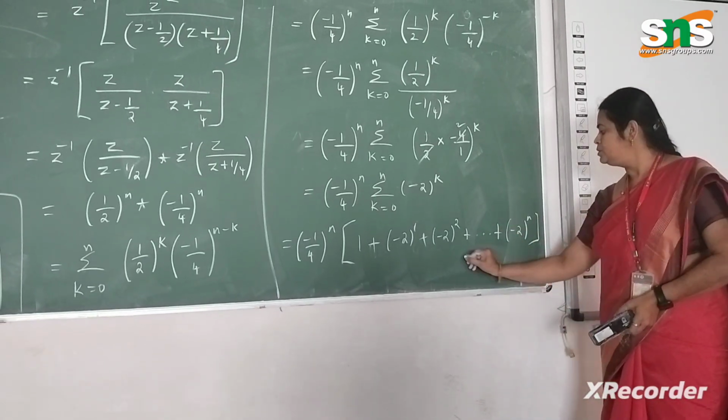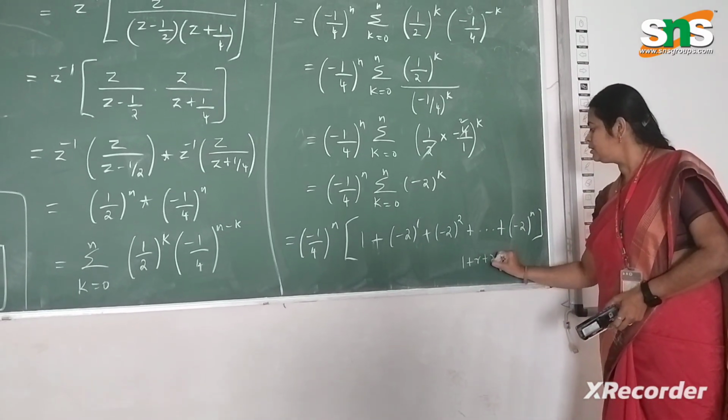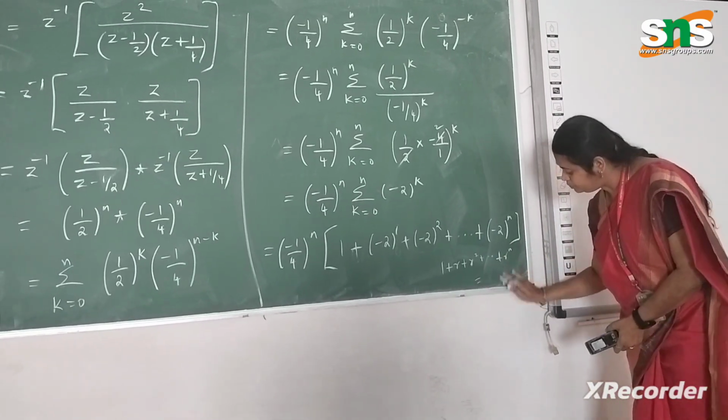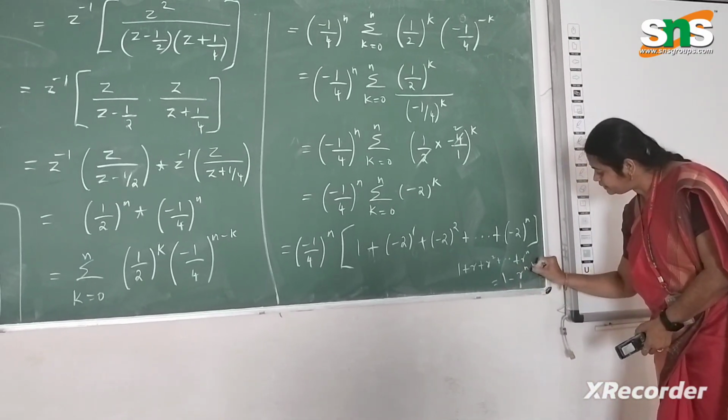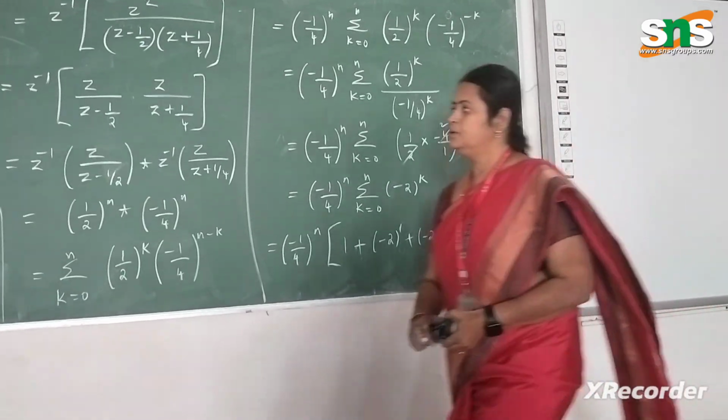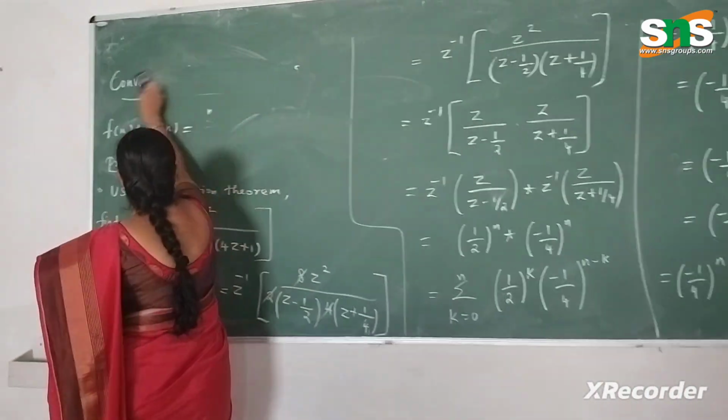We have one formula for this. What is the formula? 1 plus r plus r square plus etc. plus r power n is equal to (1 minus r power n plus 1) by (1 minus r). This I am using here.